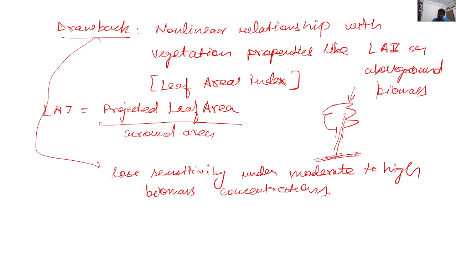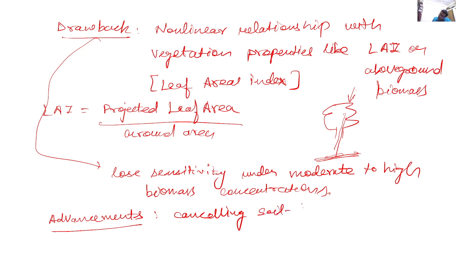However, if we want to advance these vegetation index based studies, the advancements primarily deal with cancelling the soil background effect. There is always soil in the background of vegetation, right? So we try to cancel the reflectance which can come to the sensor from the soil, and there are several techniques to do that.